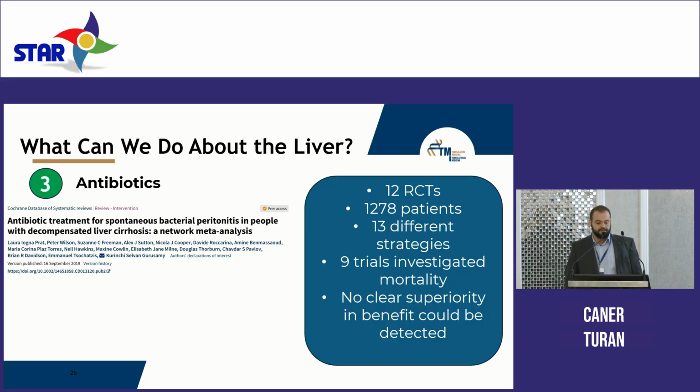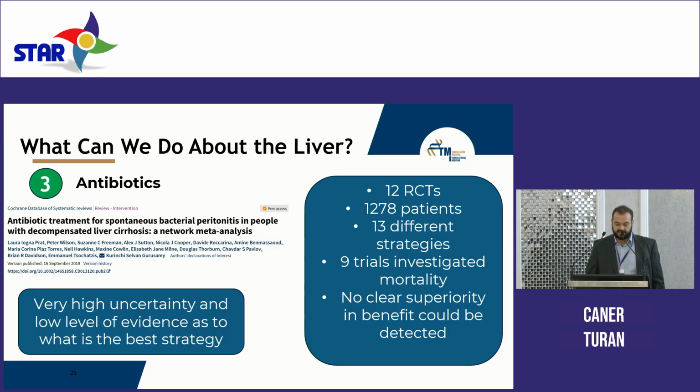However, a more recent network meta-analysis conducted by the Cochrane collaboration, comparing 12 RCTs, more than 1,000 patients, and many strategies, showed no clear superiority in benefit for any strategy. So there is very high uncertainty and a low level of evidence as to what is the best antibiotic strategy for these patients.